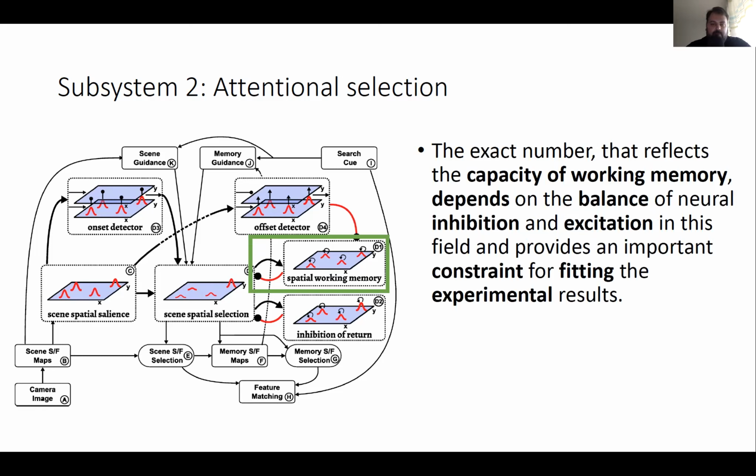This is important because, as everyone knows, the capacity of working memory is highly limited, normally at around 4 items. By tuning the correct parameters, you can create a balance between neural inhibition and excitation, and so you can influence how many peaks can be created in this field. This constraint was important for fitting the experimental results.